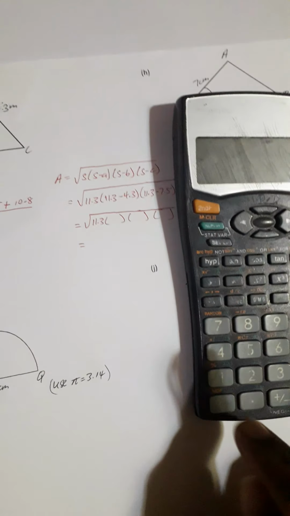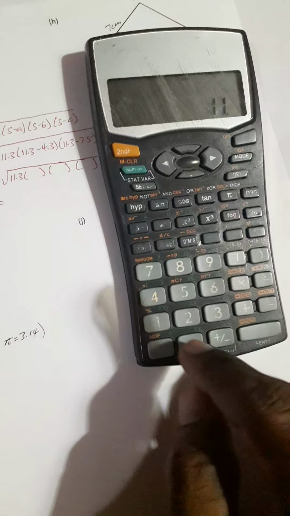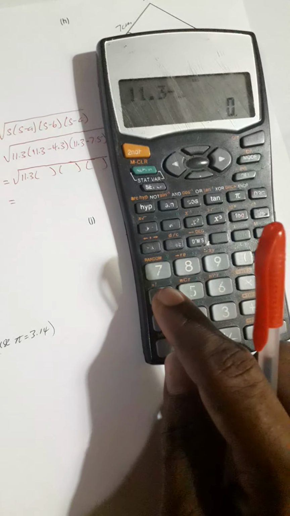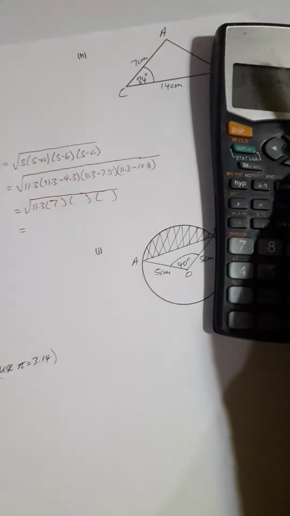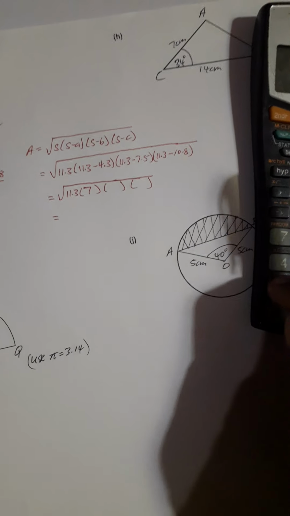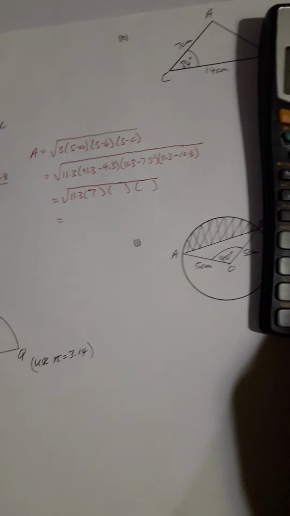11.3 subtract 4.3 gives us 7. Now we have 11.3 minus 7.5.